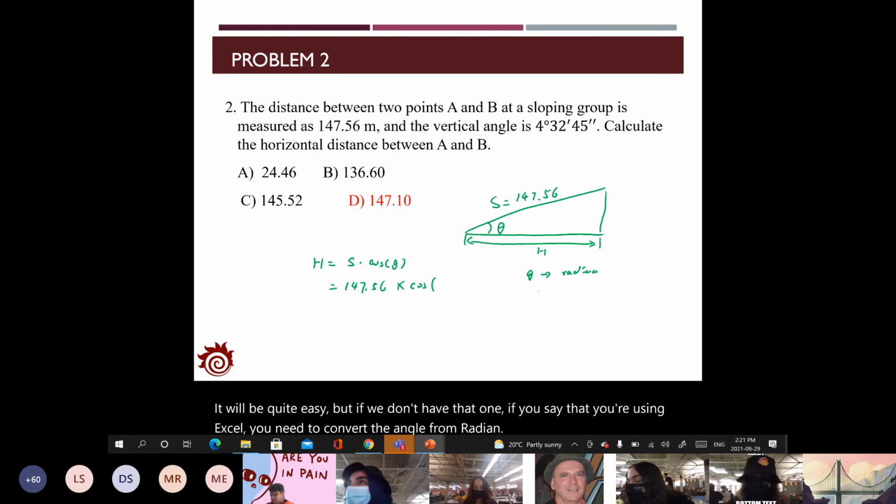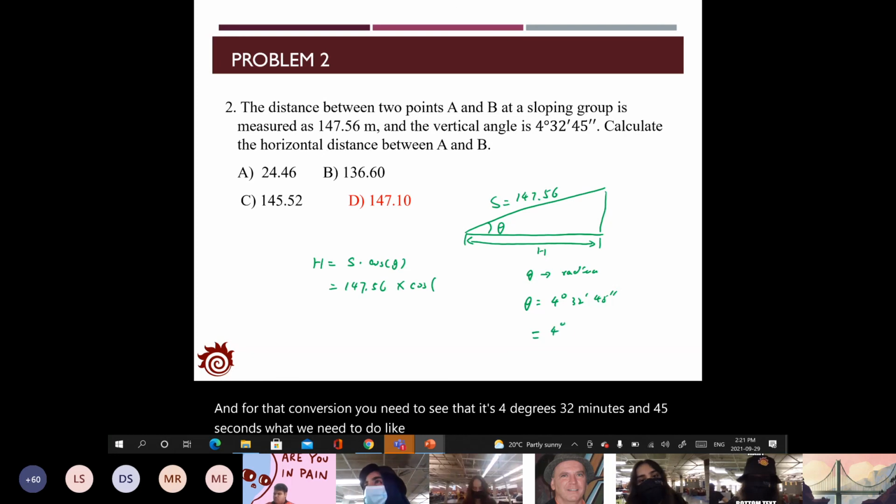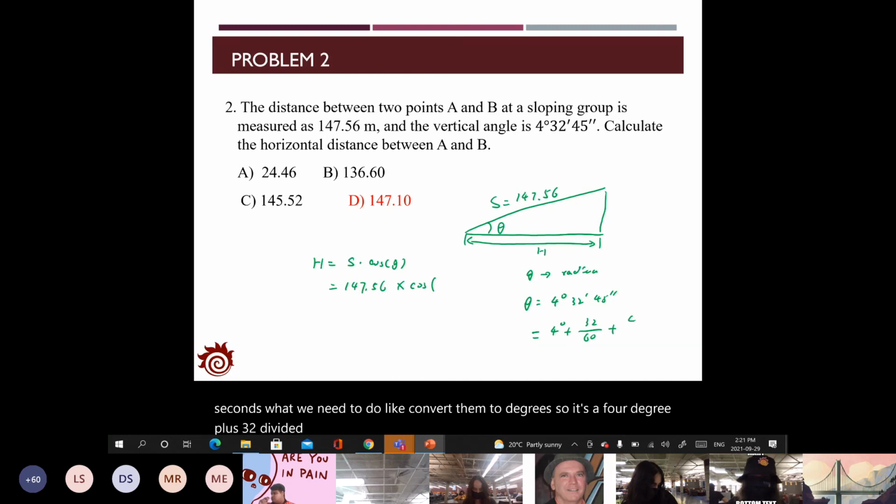For that conversion, theta is 4 degree 32 minutes and 45 seconds, so you convert them to degrees. It's 4 degree plus 32 divided by 60 plus 45 divided by 3600. So this is the degree.